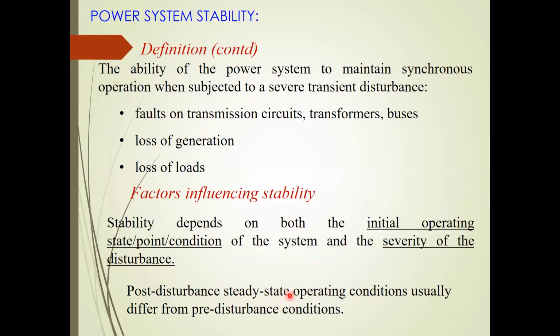It is able to achieve a steady state after the disturbance. So this post-disturbance operating condition will be different from the pre-disturbance condition. Whatever the operating condition was before the disturbance and the condition after the disturbance, it will always be different.